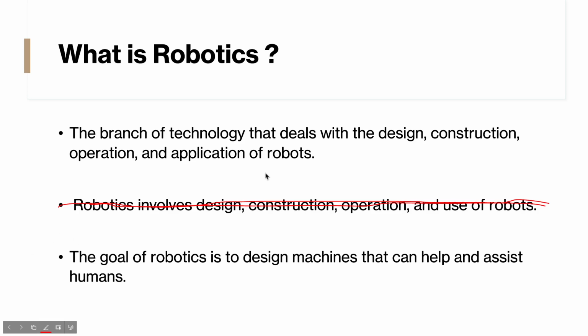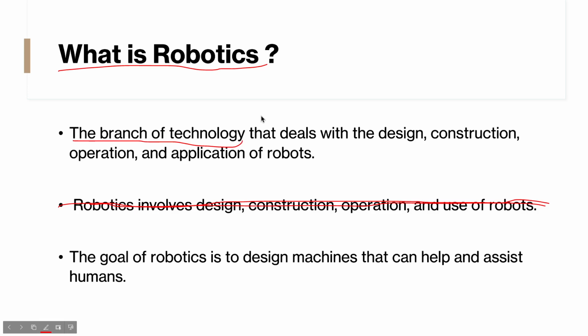So robotics will help you to make robots, not only make but to manage them also. The complete branch of technology which deals with the whole management of robots is known as robotics. This is a shortened definition which I have made of robotics. I forgot to write it, but yeah.